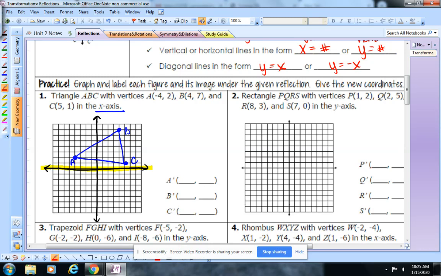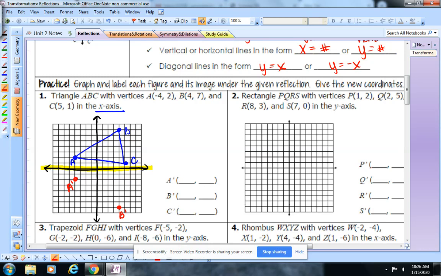So 1, 2, 1, 2. A prime. So when you label those, make sure you put the little apostrophe because the new ones are the primes. All right? B is how many spaces above the x-axis. So I'm going to go 7 straight down in the other direction. So B prime will be right here.